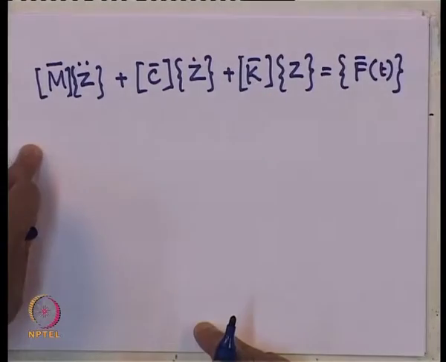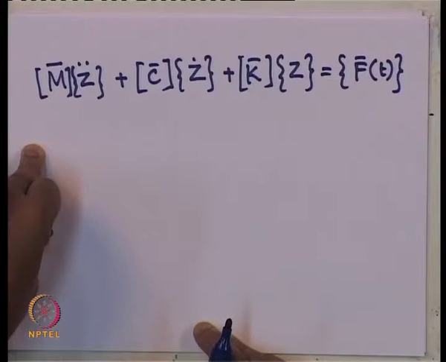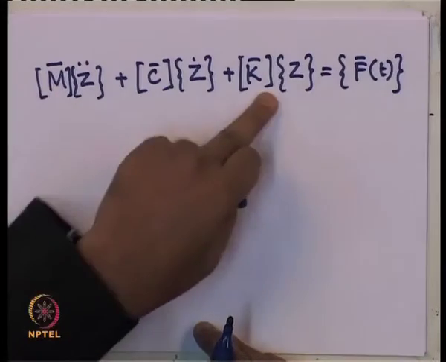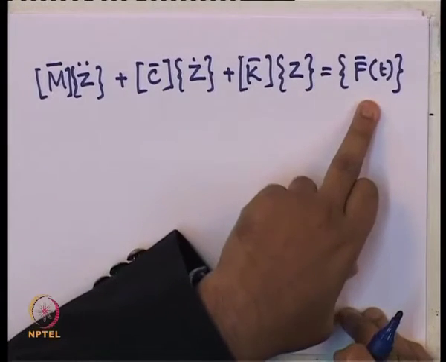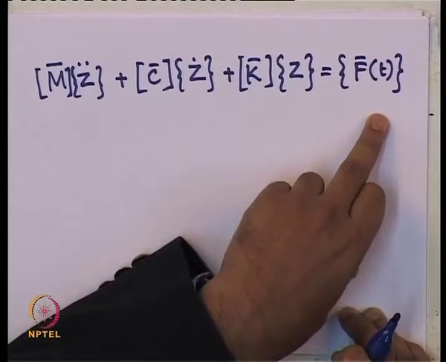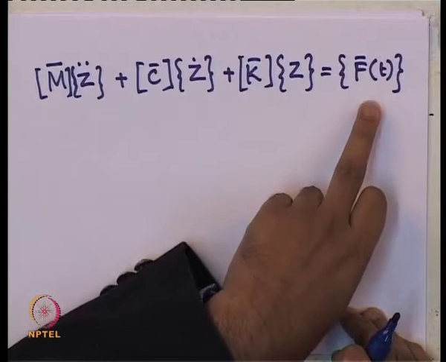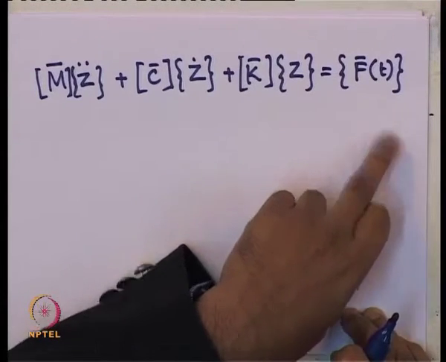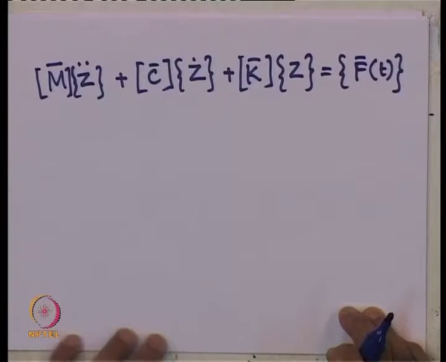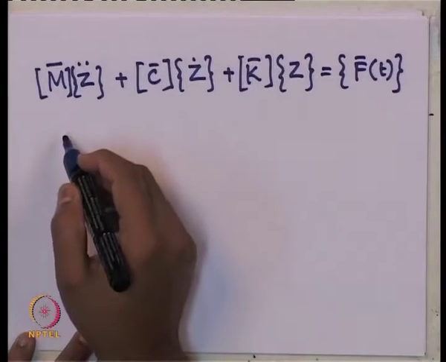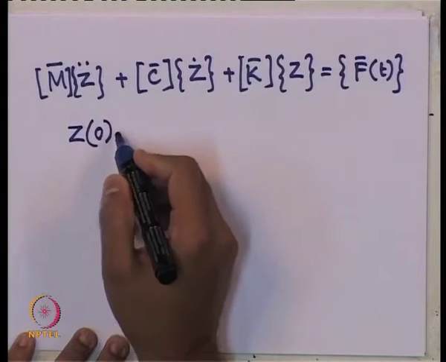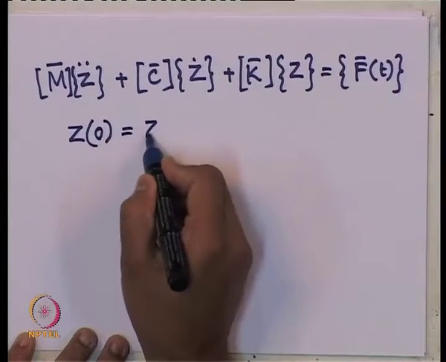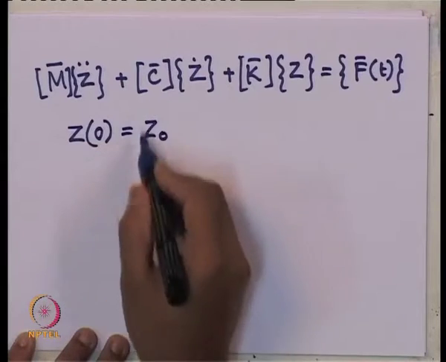So, they have transformed from M, C and K to M bar, C bar and K bar. The corresponding force vector has also been transformed to F bar from the original F. And let us say the initial conditions are z at time 0 is given as z naught. Remember, all these are vectors.